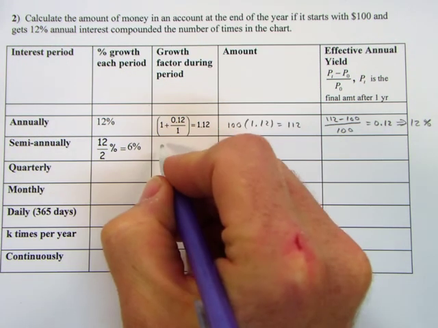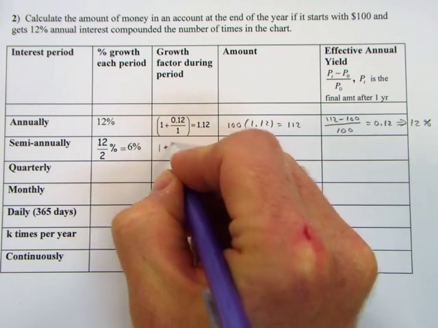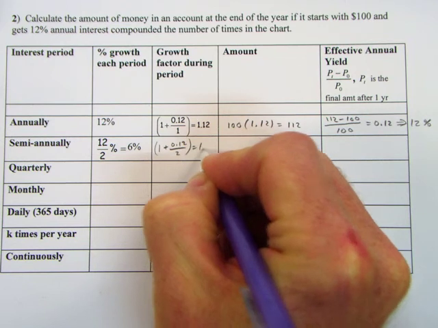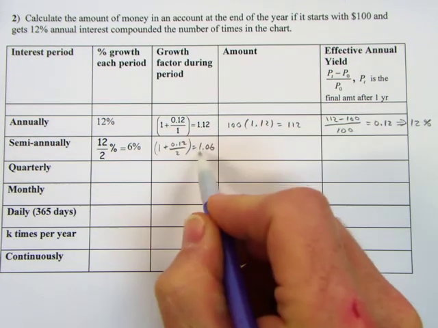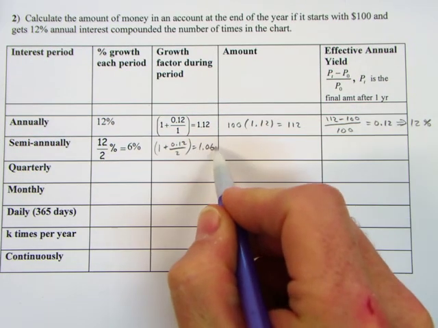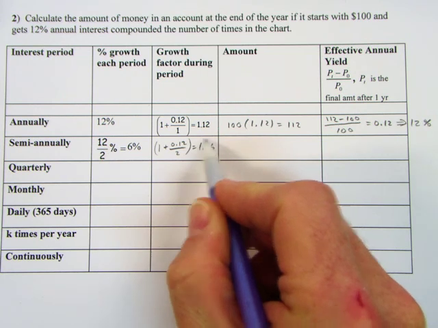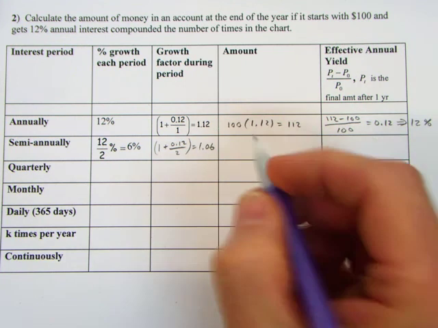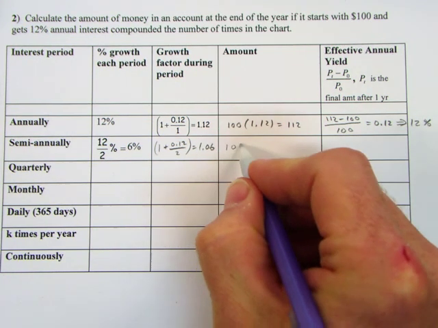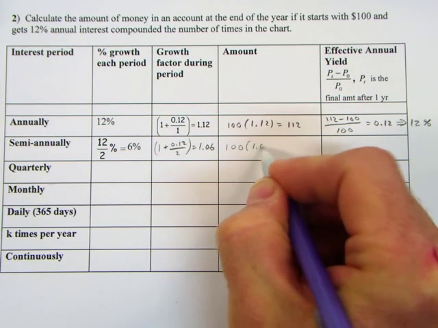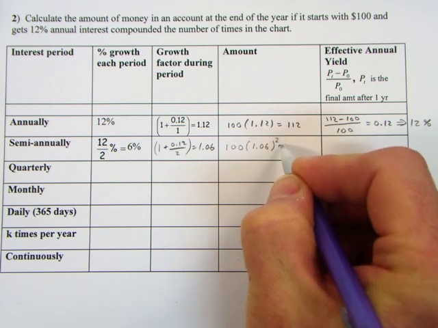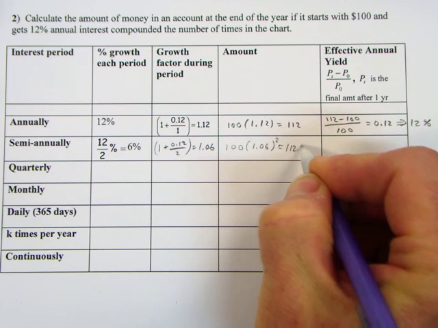So over here we'll have 1 plus 0.12 divided by 2, and we get 1.06. Now what we're saying is we have 1.06 is our growth factor. How many times are we going to compound this in 1 year? We're going to compound it twice. So it'd be 1.06 to the 2. And you do that calculation, you get 112.36.